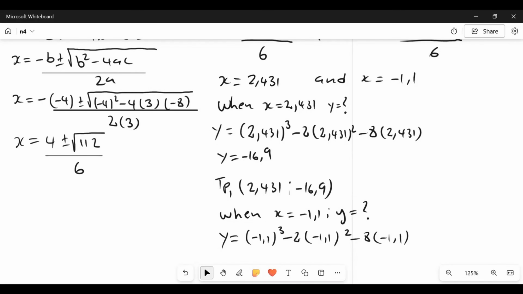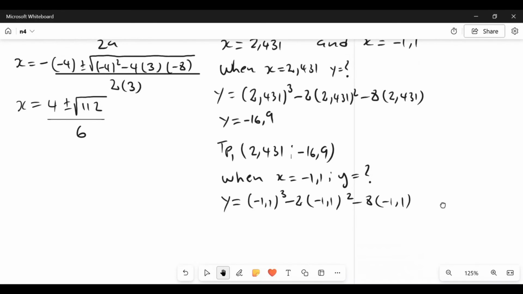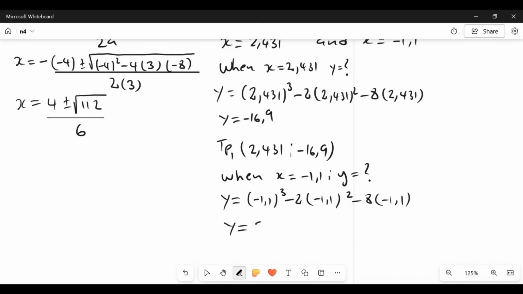Put this on a calculator and then you get the following. Let me first create a space. Y is going to be equal to 5.049. So turning point 2, when x is negative 1.1, y is 5.049.